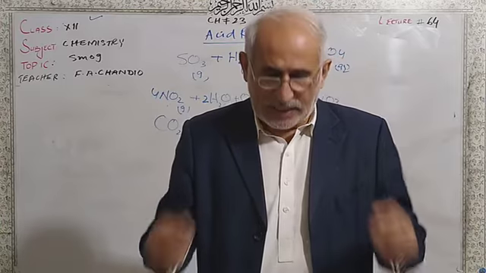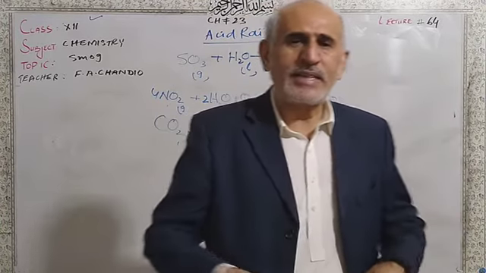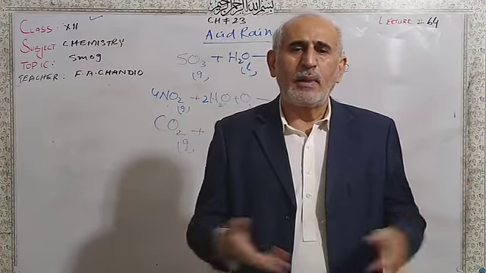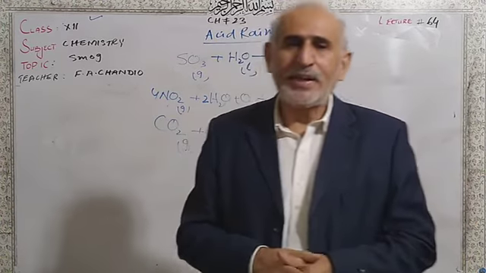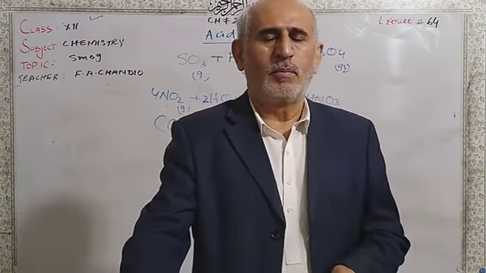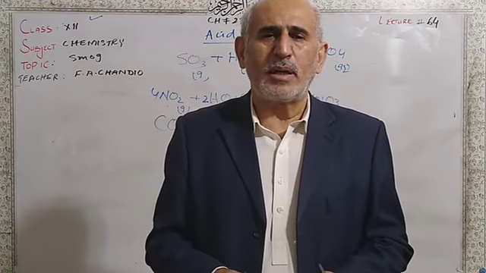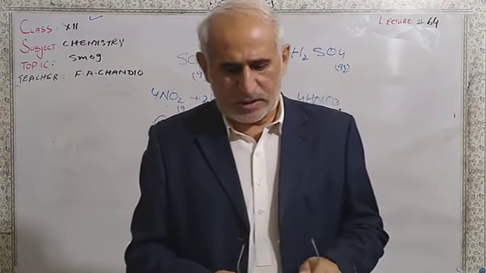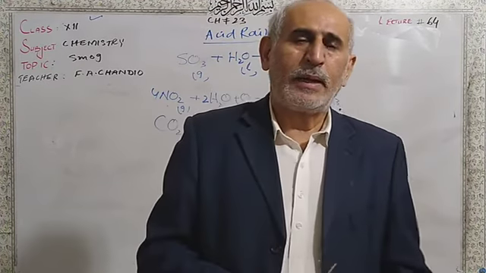Acidification of soil: yes, in mountainous areas, rocks and soil contain minerals. Minerals are the metallic compounds, oxides and sulfides. I am not going to discuss this here, that is organic chemistry.